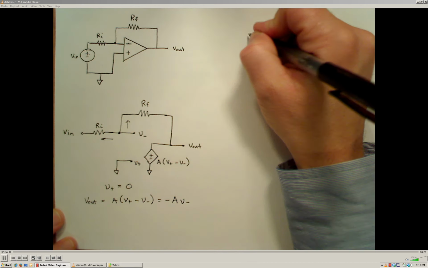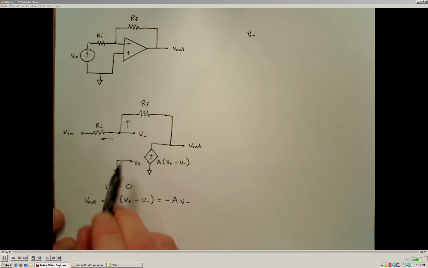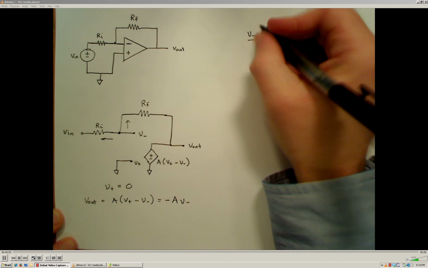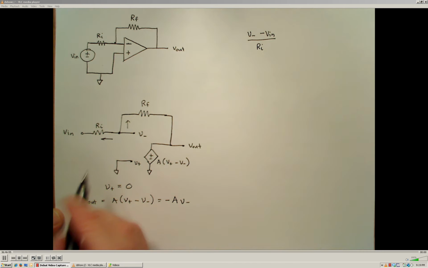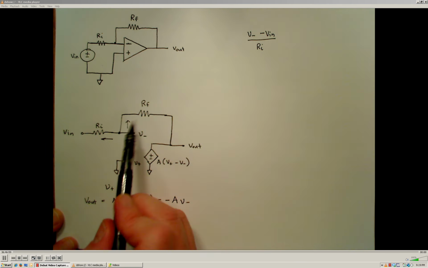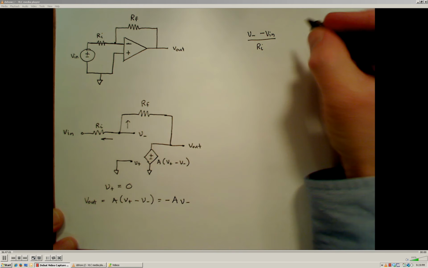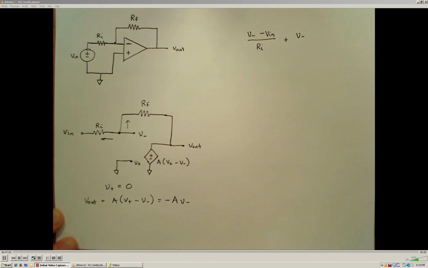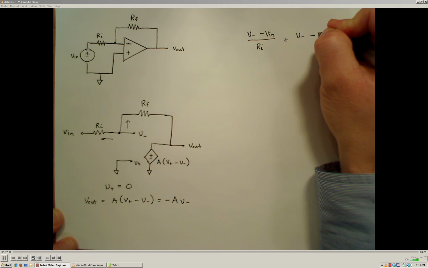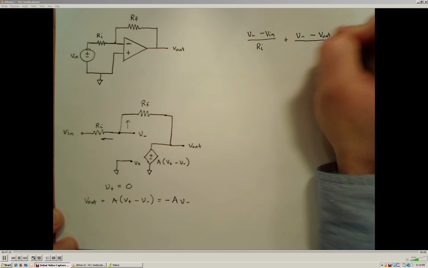Alright, so writing that from Kirchhoff's current law, the voltage at the inverting input terminal minus Vn divided by Ri is going to give the current in this direction. And the current through the feedback resistor is going to be given by the voltage at the inverting input terminal minus V out divided by Rf.